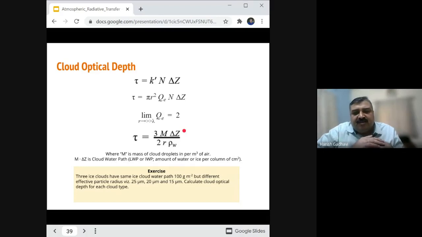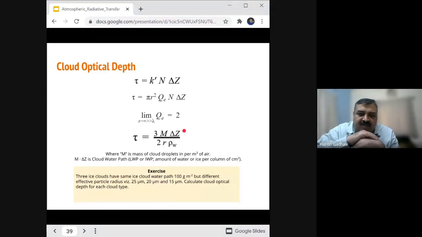That is the reason we use the ice water path, or cloud water path, liquid water path. So m into delta z is given to you, 100 gram per meter square. That is the amount of water in the atmosphere in the form of the cloud. And then I give you the different sizes of the particles.